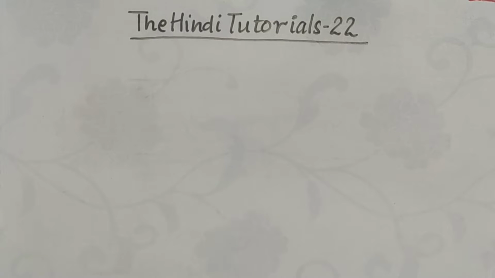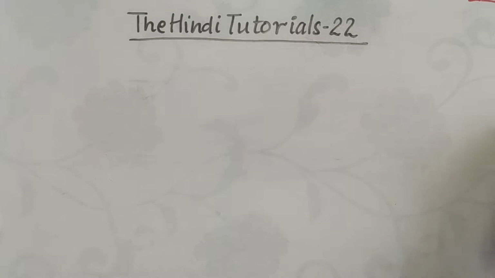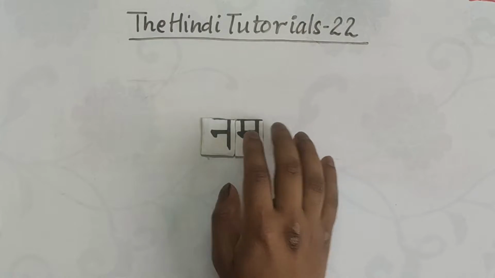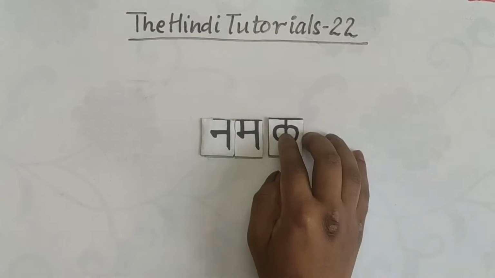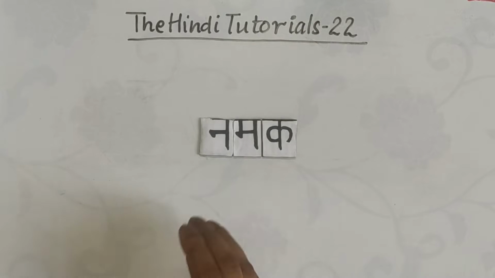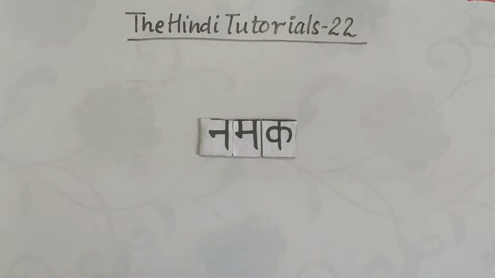A few viewers have commented the correct answer, so to the rest of the people I'll tell you the answers. The first word was namak. Namak would be written na, ma, ka. This makes it namak.